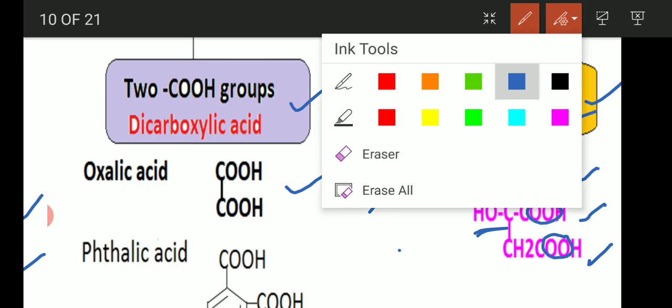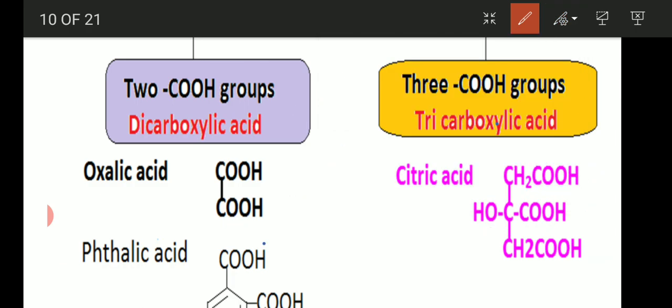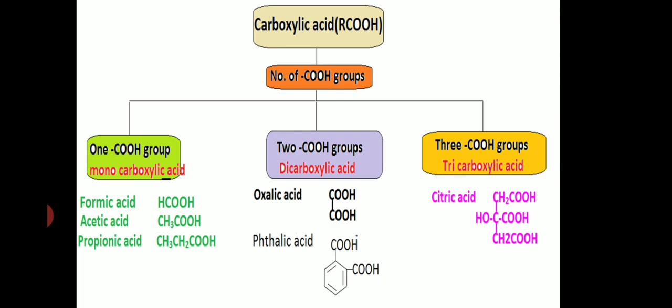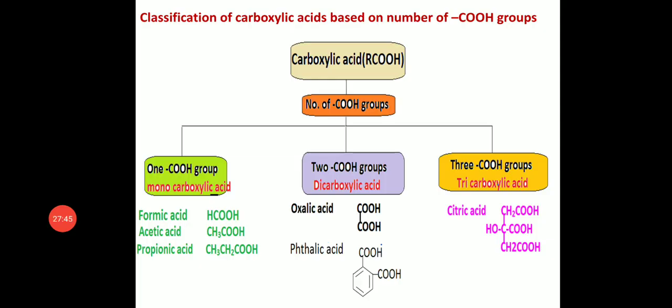So, this is the classification of carboxylic acids based on the number of COOH groups.